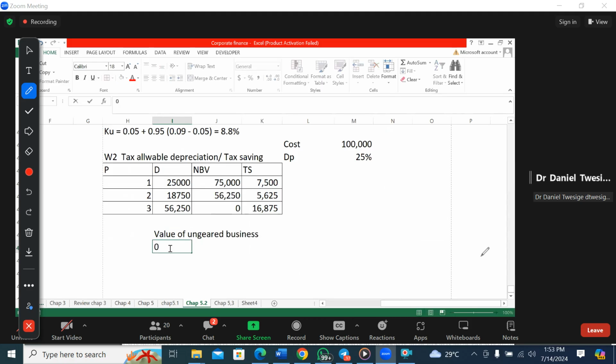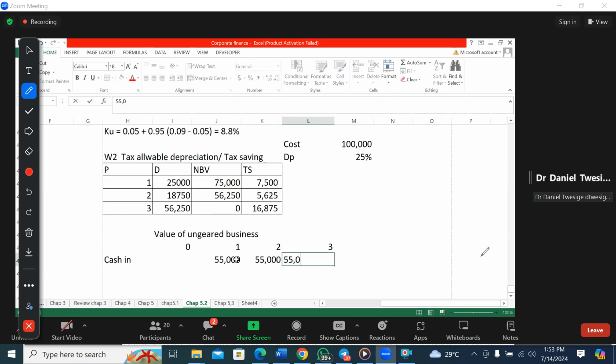We can have year 0, year 1, year 2, year 3, because we are paying tax in the same period. Our cash inflow, now the question is, that's the challenge we have. Now that's where we can fail.